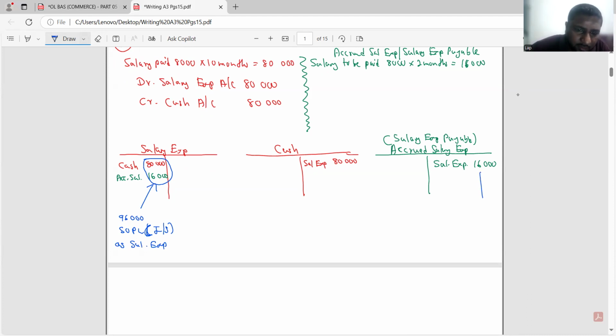The 16,000 will go to the statement of financial position, that means the balance sheet, under current liability. We should pay. Under current liability. That's all. Write it down.